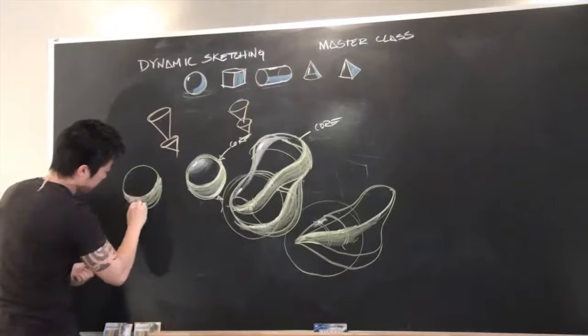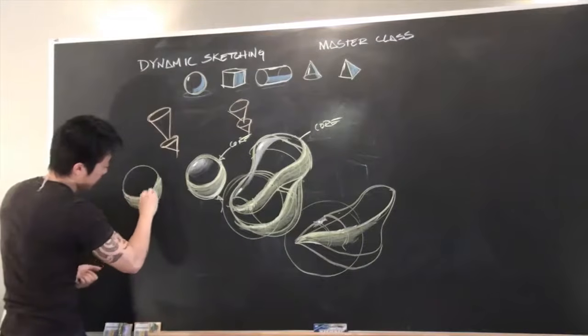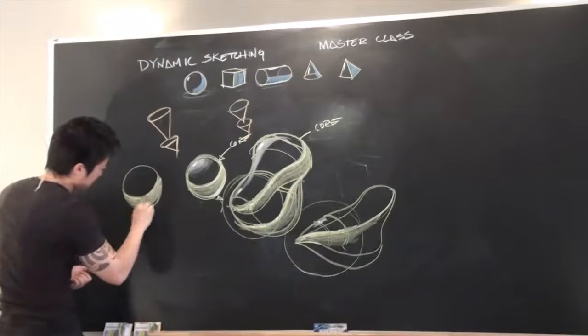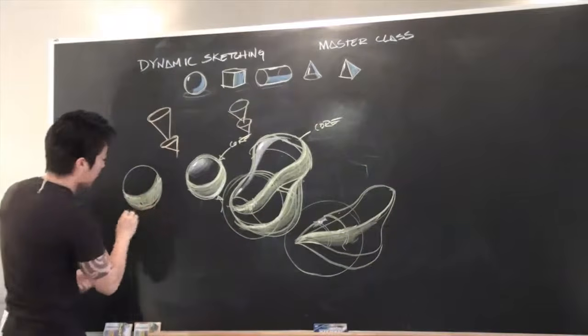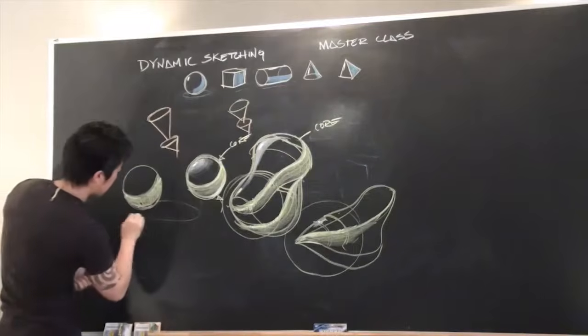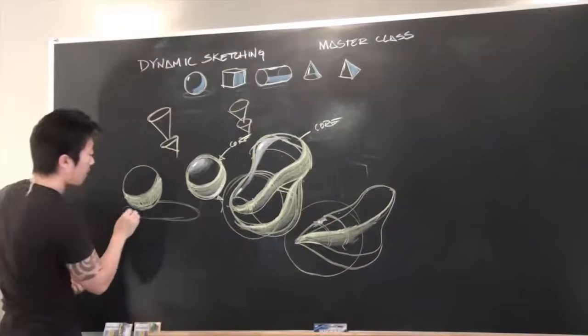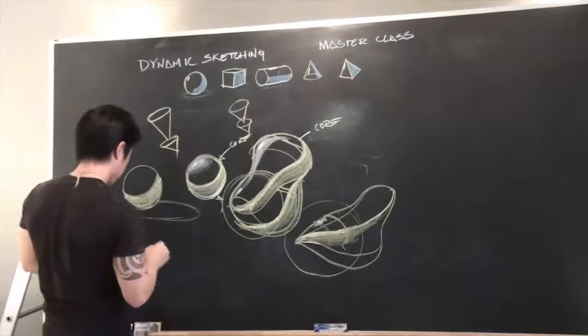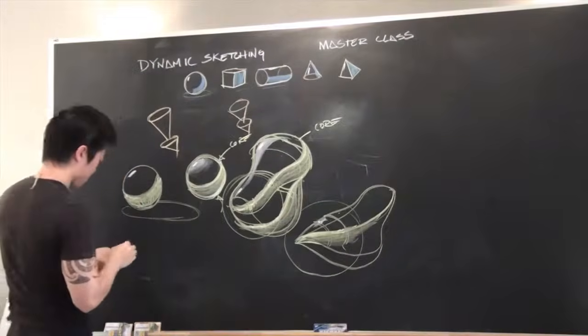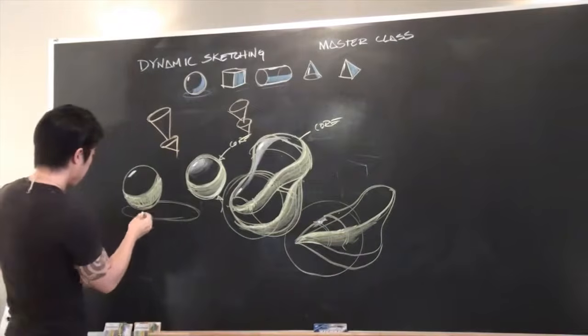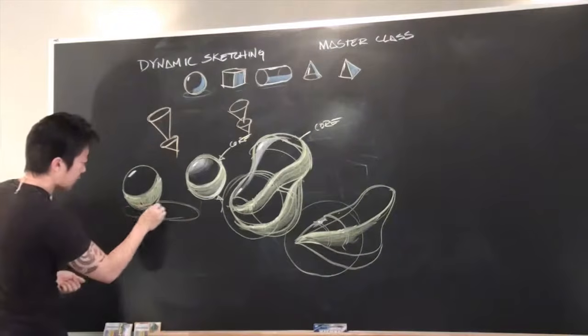And that could just be a line describing the form like this. The cast shadow is going to be the shadow that your form is placing on the ground or on top of another object.